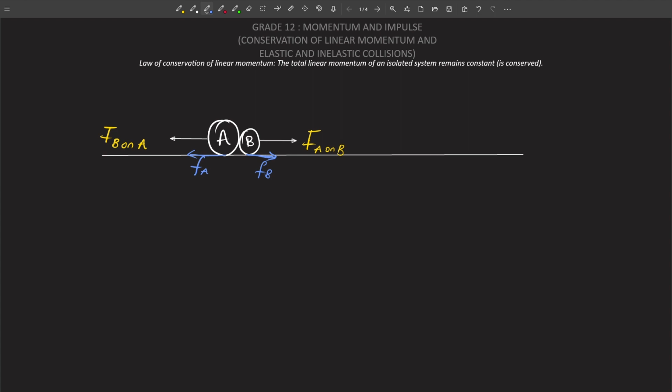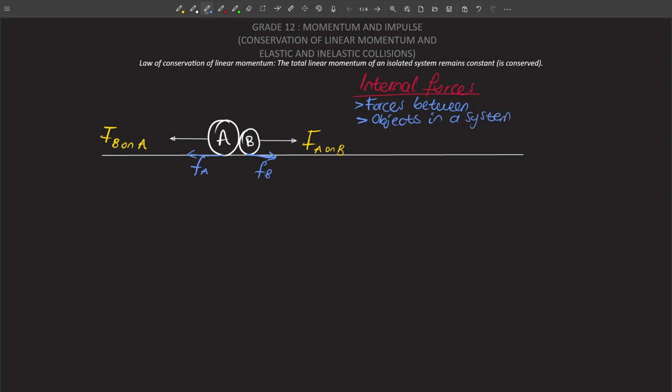These forces that take action during collision are internal forces, and internal forces are described as the forces between objects found inside a system.